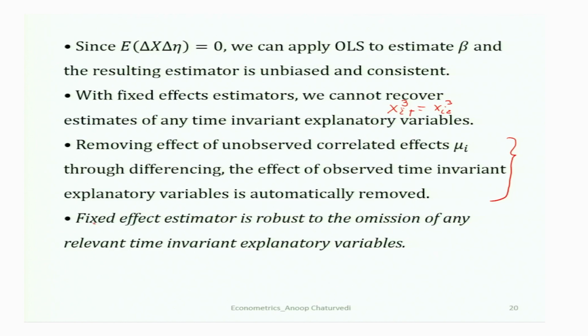Then when obtaining the fixed effects estimator, when you take the first difference, the effect of that particular omitted relevant variable will not be there, or you can say that your estimator is robust to the omission of any relevant time invariant explanatory variables.